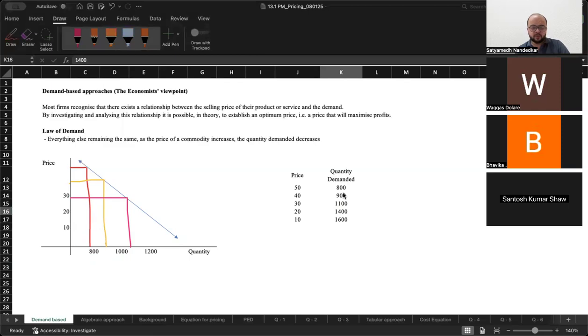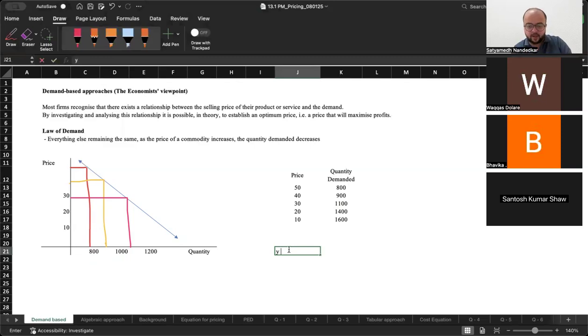Now let's understand how you interpret this. Any equation of a straight line has a standard format which goes something like y is equal to mx plus c. Given that this is a straight line, its equation should be no different.